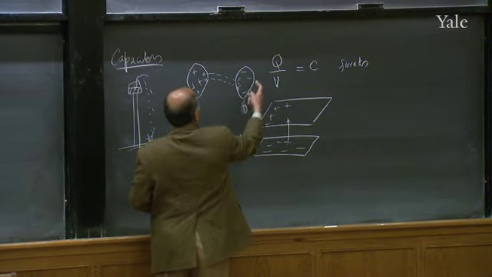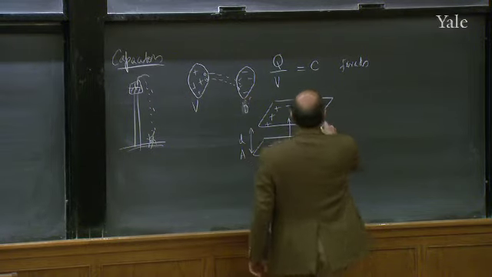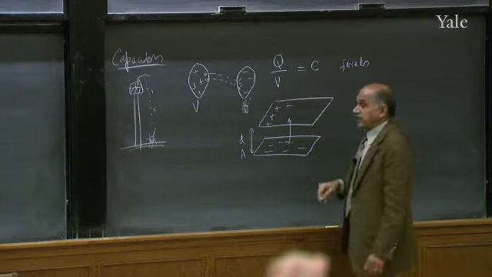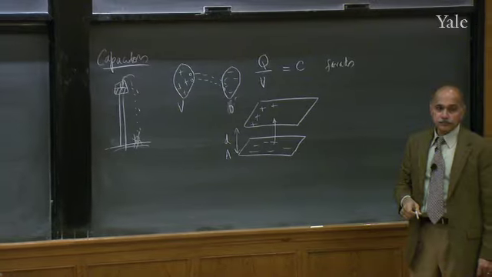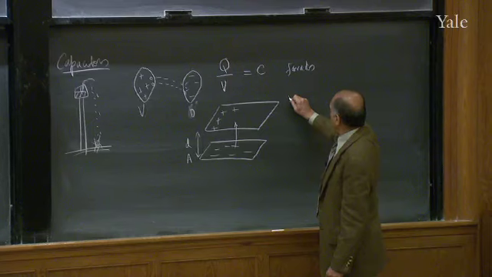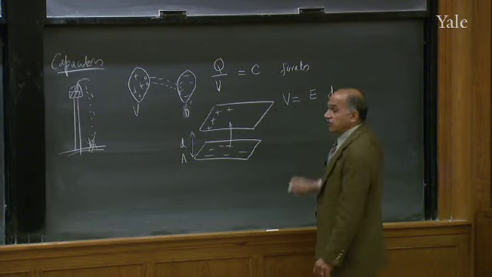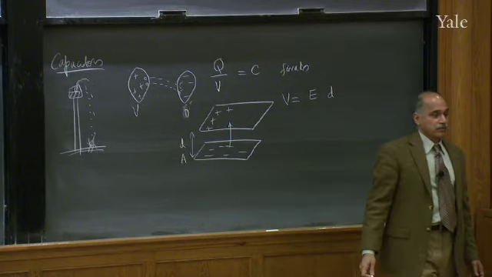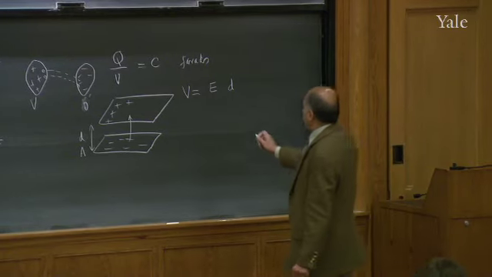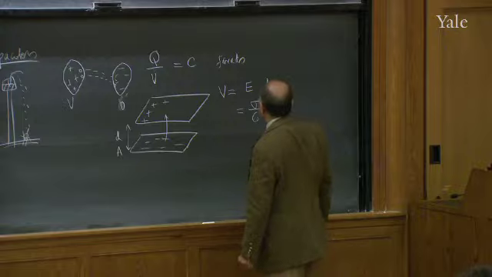So Q stands for the magnitude of charge that you transfer. So suppose I transfer some charge Q. My job is to find Q divided by V, and that's my capacitance. Okay, so how am I going to find the voltage difference between these two? I think you guys should know by now, voltage difference is the electric field times the distance between the plates. There's no line integral. E dot dr is just E times D. E, if you remember, is sigma over epsilon 0 between the plates.